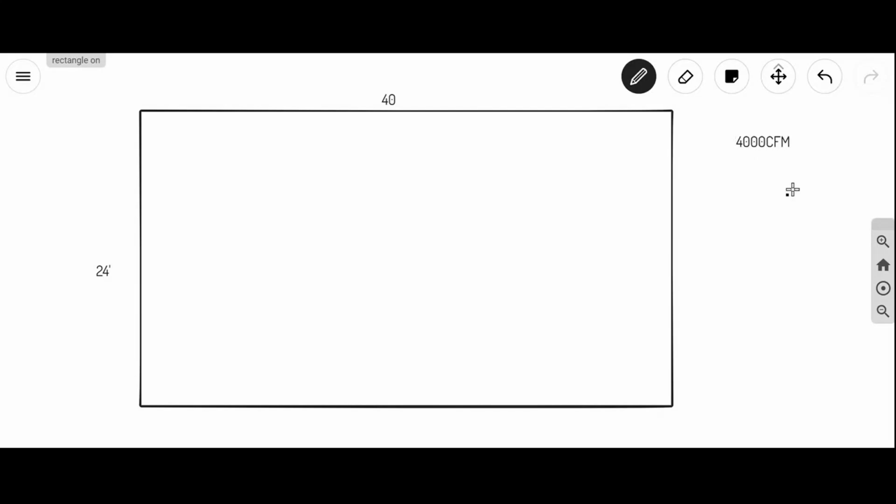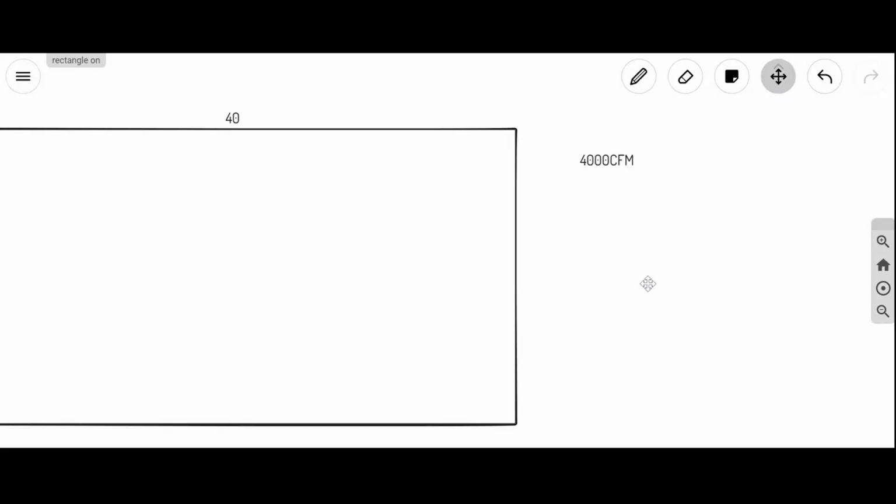Two diffusers. Basically, 2.4 we are getting.